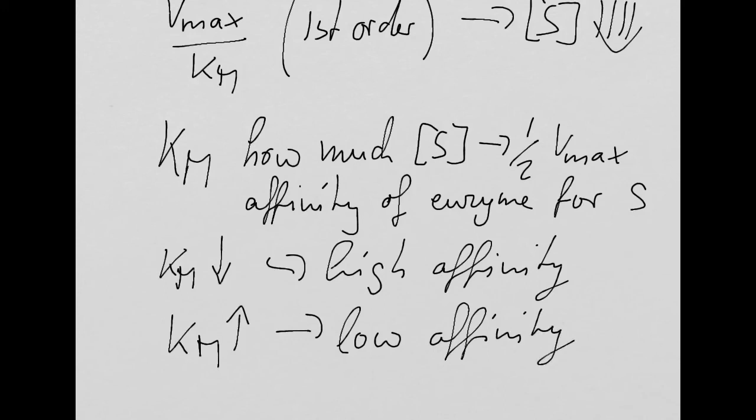That's why you use these weird and wonderful plots in order to find these three parameters, Km, Vmax, and Vmax over Km. That's why you have done these plots. Does that make sense?